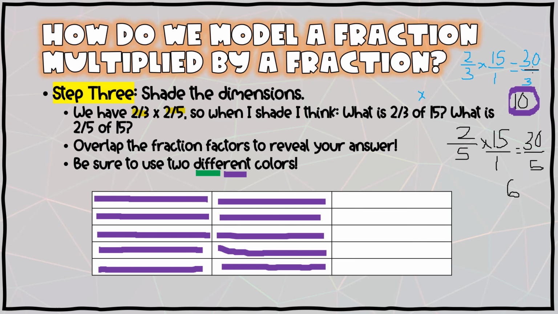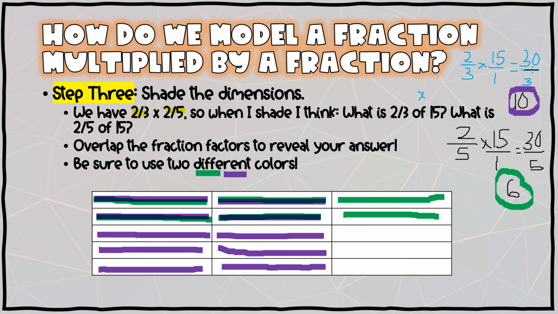And I'm going to shade 6 pieces with green. So showing 2/5, it's important to go 2 different directions. So I shaded 2/3 going vertically. Now I'm going to shade 6 pieces horizontally. So we have overlap here. We have 1, 2, 3, and then 4, 5, 6.